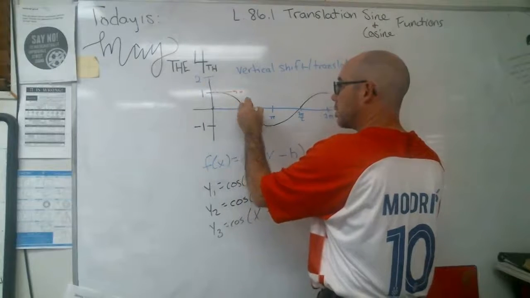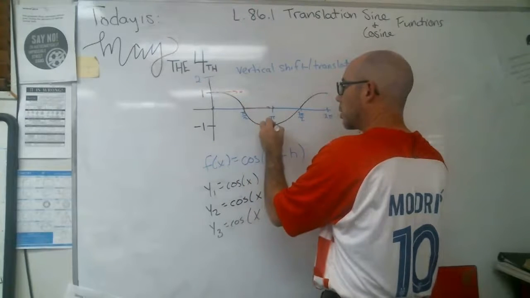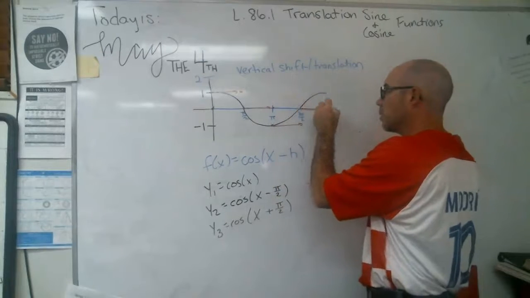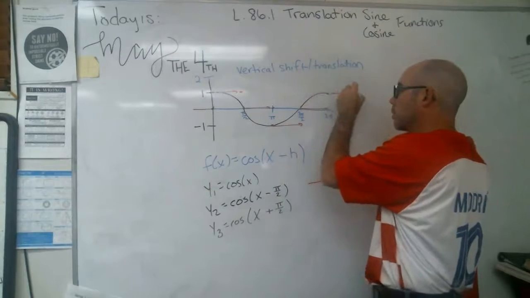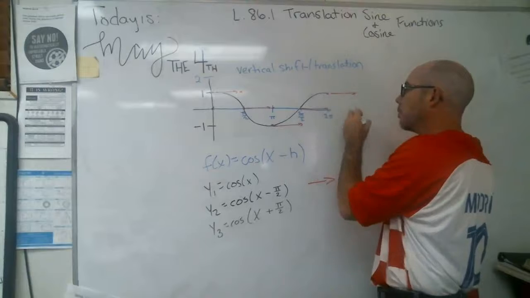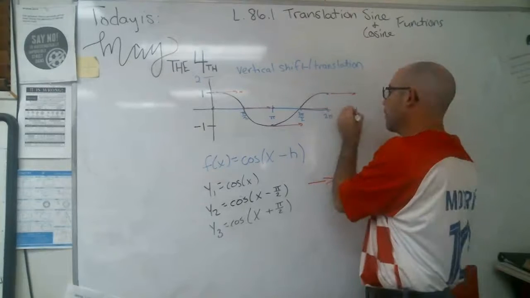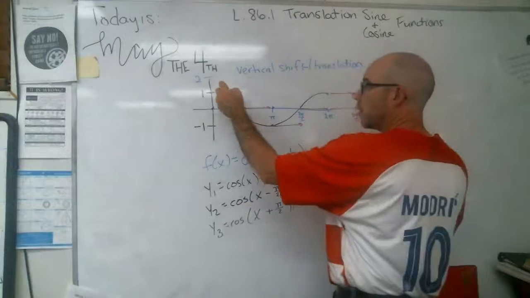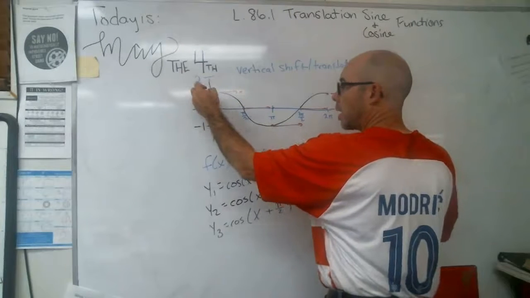Take this point here, I'm going to shift it pi over 2 radians. I take this point, I'm going to shift it pi over 2 radians. I take this point, shift it pi over 2, and this point I'll shift it pi over 2. It'll end up at 5 pi over 2 radians. So to do that, I guess I got to back it up.